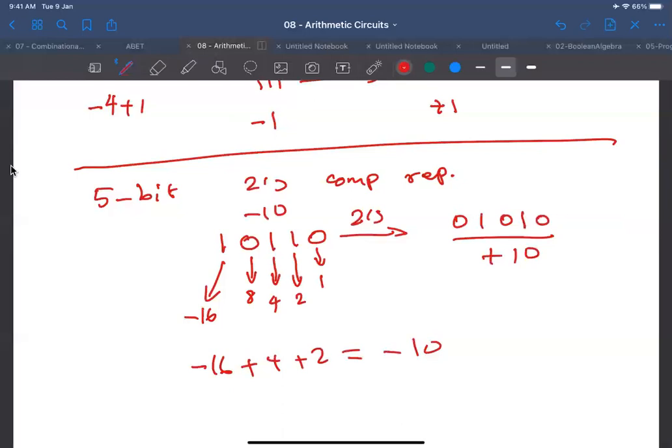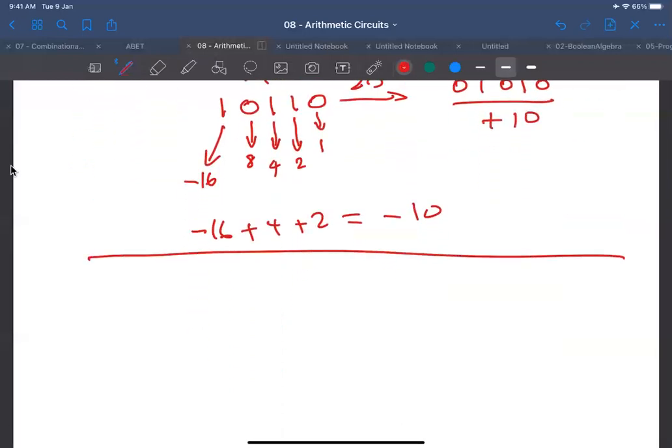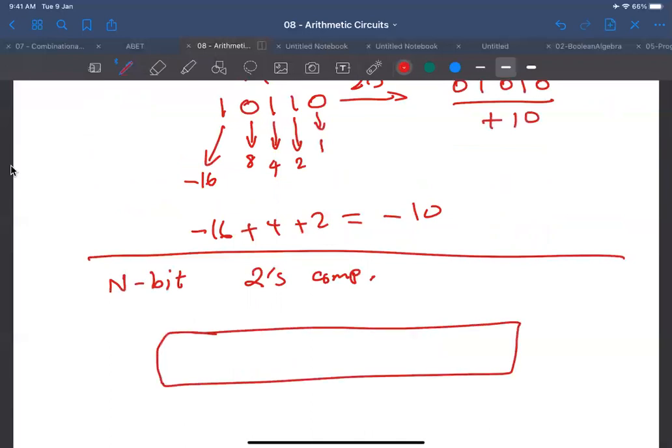So in general, if you have an n-bit number in 2's complement, then this is bit 0, bit 1, bit n-2, bit n-1.